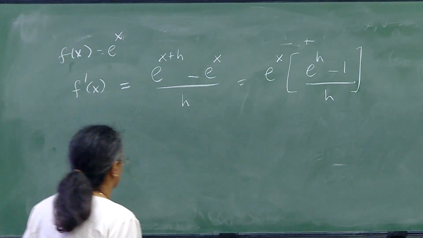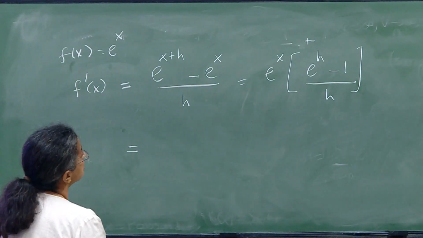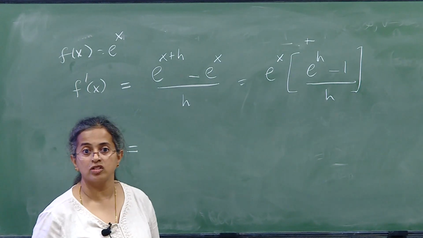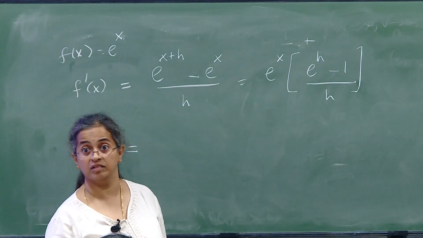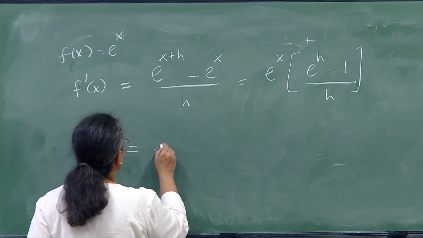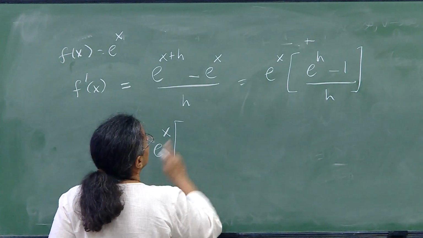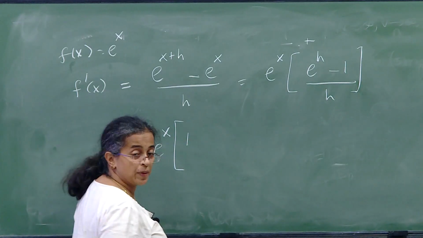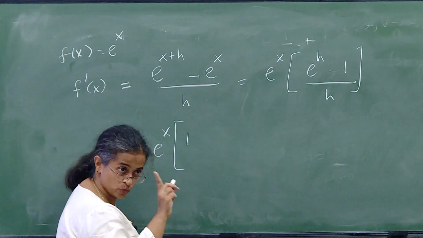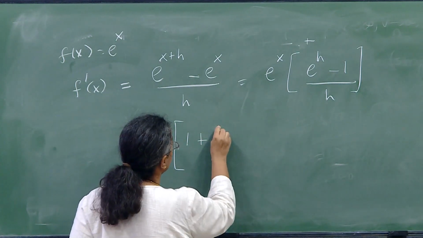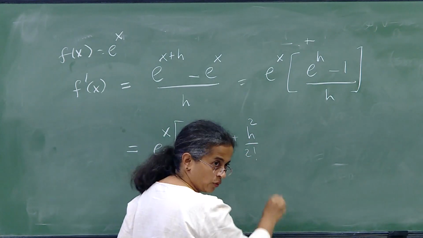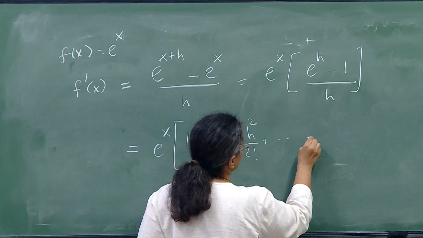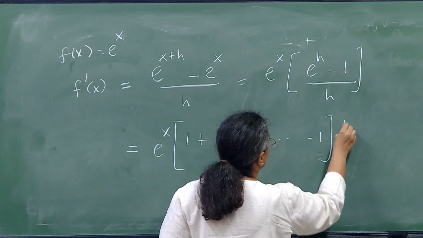So now, what do I do next? Well, I'll expand e to the h. h is small. I want it to be small, otherwise I'll have a big error. So if I expand it, what is the expansion for the exponential? Leading is 1 plus what? h plus h square over 2 factorial plus etc. minus 1.